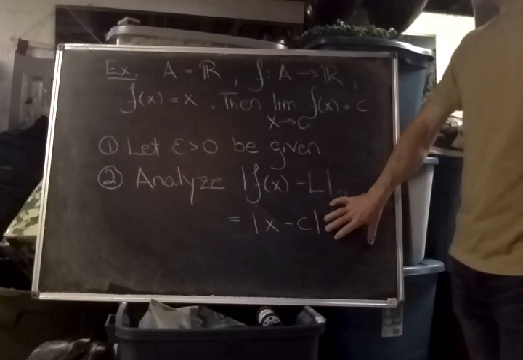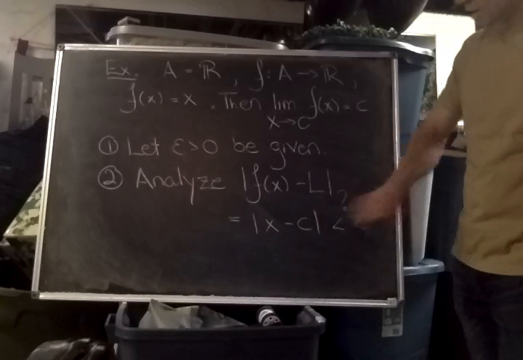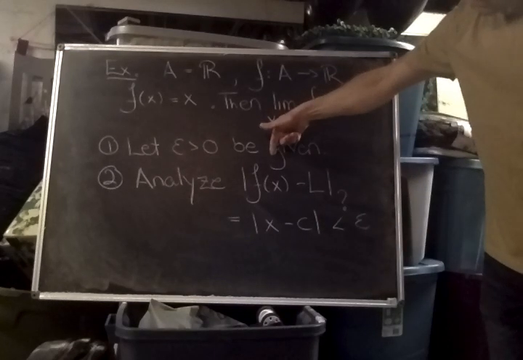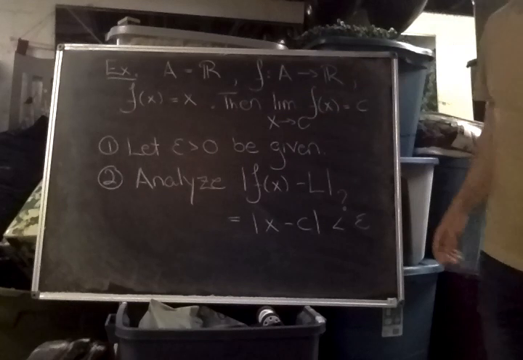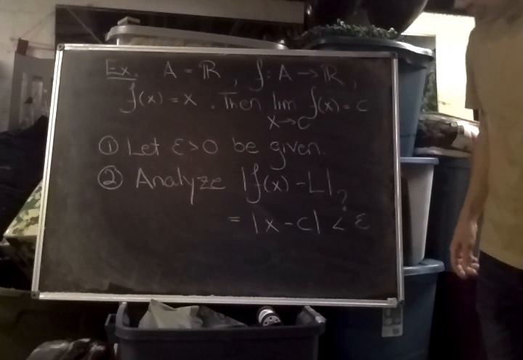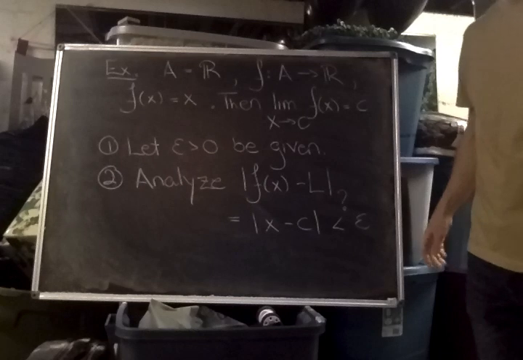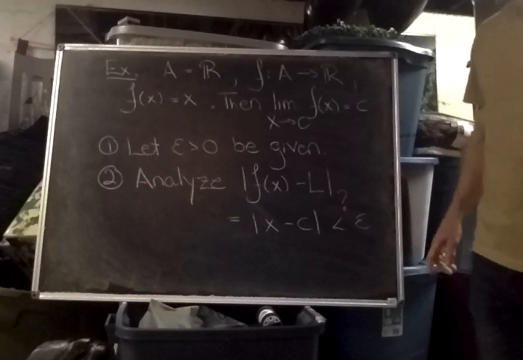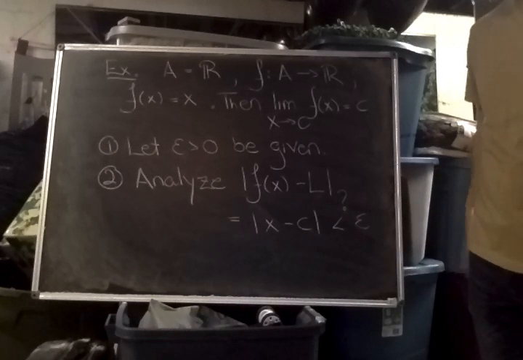And so one reason why this example is particularly straightforward is that the thing we want to be small, f of x minus L, absolute value, actually turns out to be equal to the thing we are allowed to control, the thing we are allowed to insist is less than a certain something, less than a delta of epsilon.